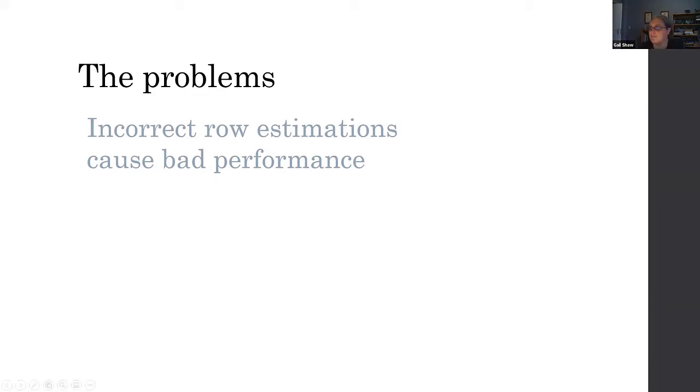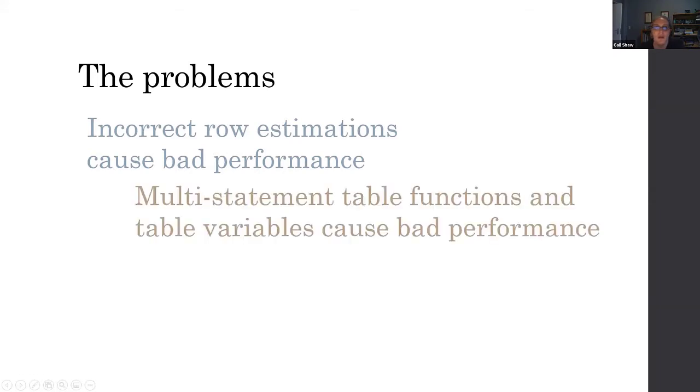We've probably seen this multiple times. The second problem is that multi-statement table-valued functions and table variables cause bad performance, to the point that I will often suggest to somebody, if they've got a performance problem with a piece of code that uses table variables, try replacing it with a temp table and see if that makes it better. And if it does, great, we're done. If it doesn't, then we'll actually dig into what caused the problem.